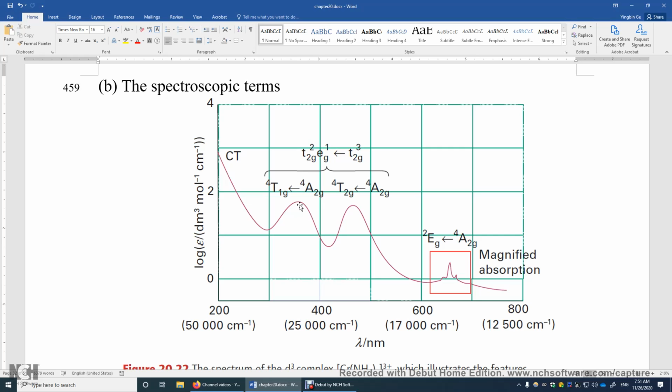So dz squared and dyz are on the same plane. dz squared and dxz are also considered on the same plane. So there's still quite some electron-electron repulsion between dz squared and dxz, and between dz squared and dyz.